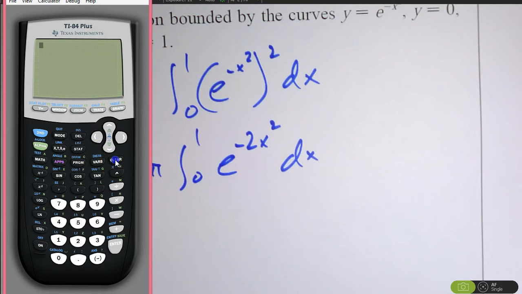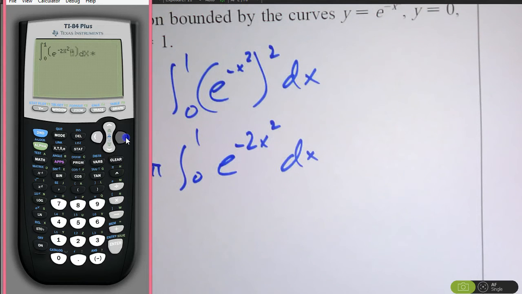I didn't do this one ahead of time, so I'll have to think on it. But for right now, I'm just going to say, hey, you guys weren't in class. Guess what? You get to use your calculator. So 0 to 1, e to the negative 2x squared dx, times, well, let's leave out the pi.